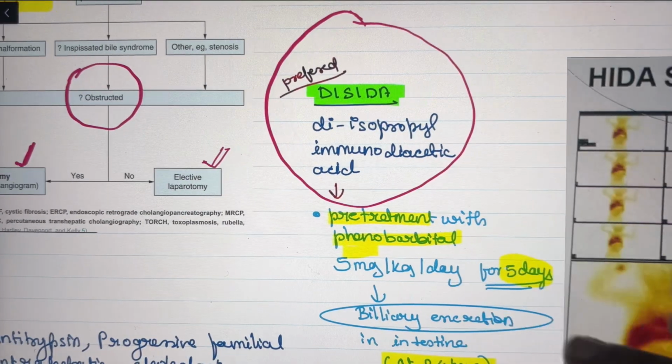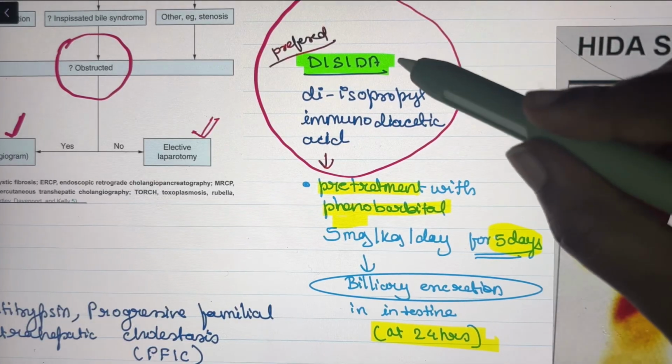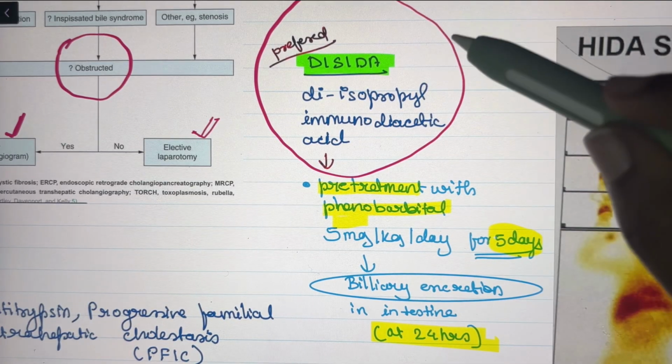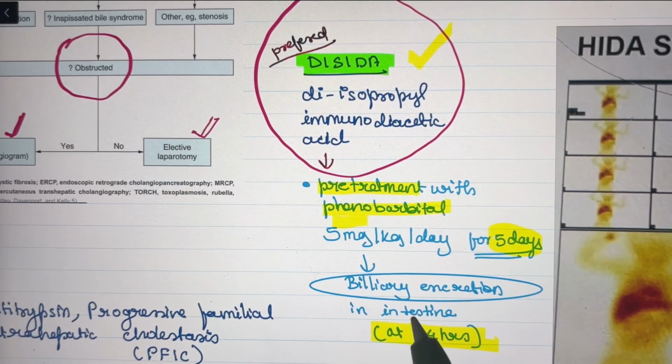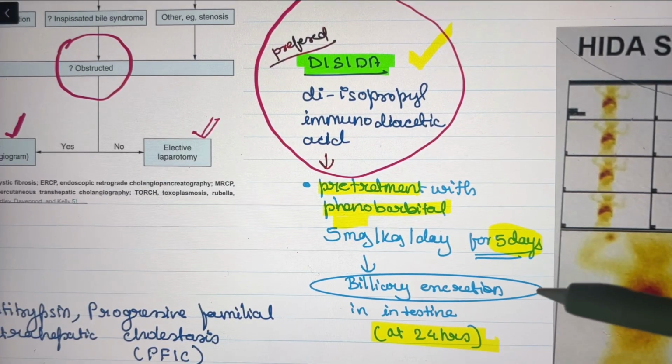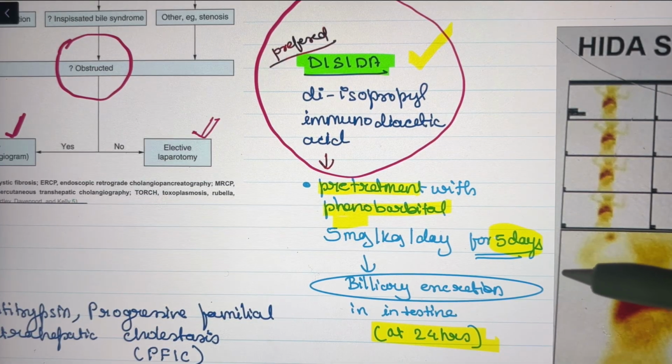Then, after 5 days, we inject the patient with DISIDA or HIDA. And after DISIDA, after 24 hours, remember this, after 24 hours, we see the bile excretion. That is, bile present in the duodenum or intestine. If the bile is present in the duodenum or intestine, it means there is a normal biliary duct; there might be no biliary atresia, or partial biliary atresia may be present.